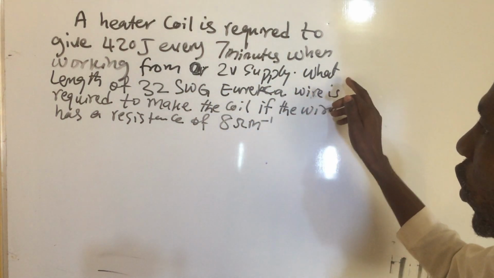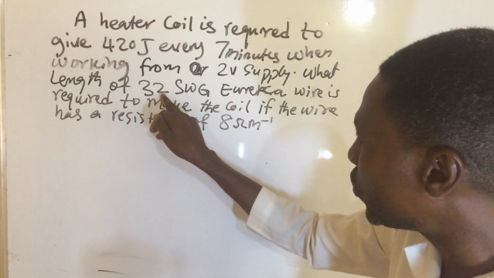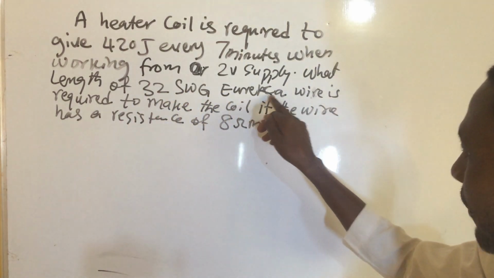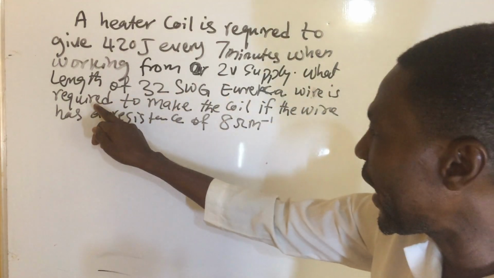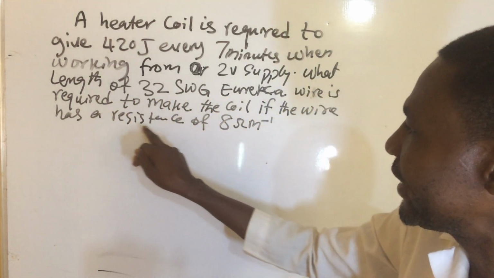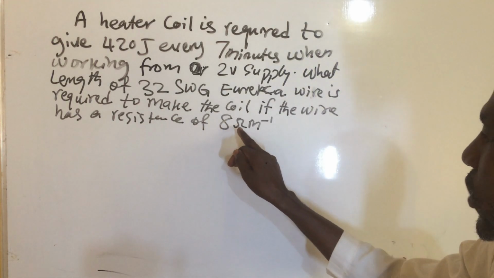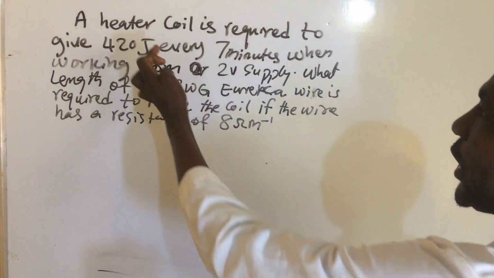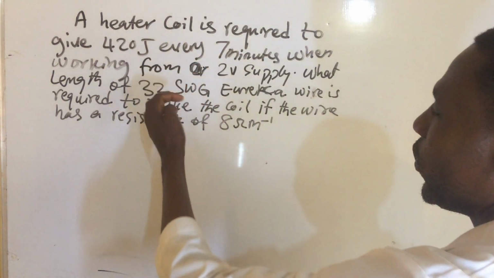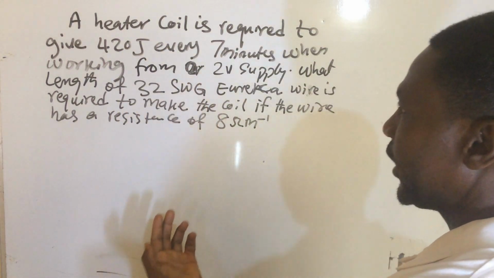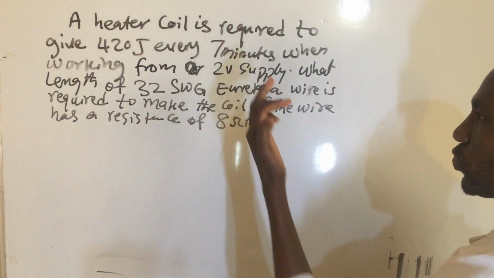Now, what length of 32 standard wire gauge (SWG) Eureka wire is required to make the coil if the wire has a resistance of 8 ohms per meter? This is a system, and for the heater coil, we need 420 joules every 7 minutes when connected to 2 volts.